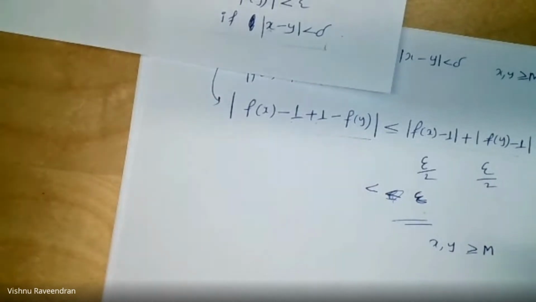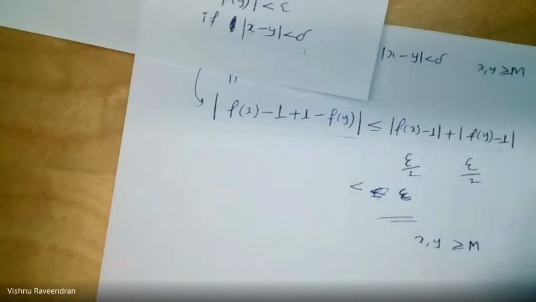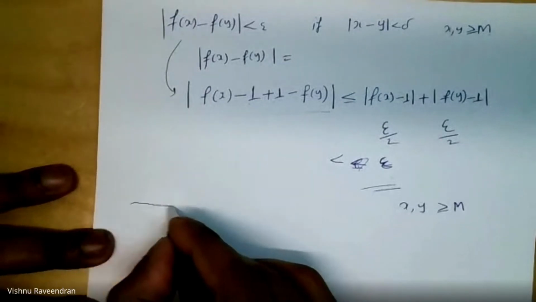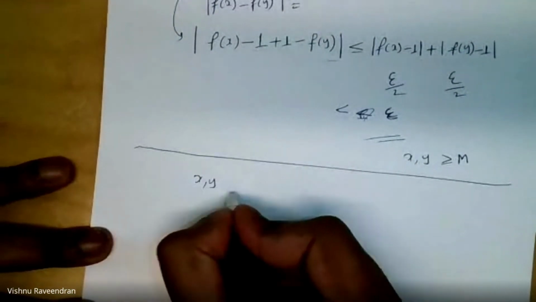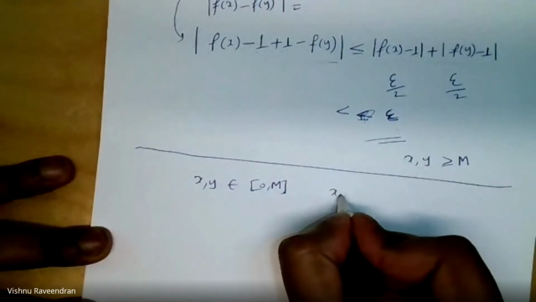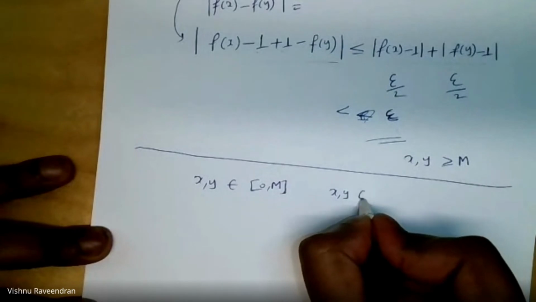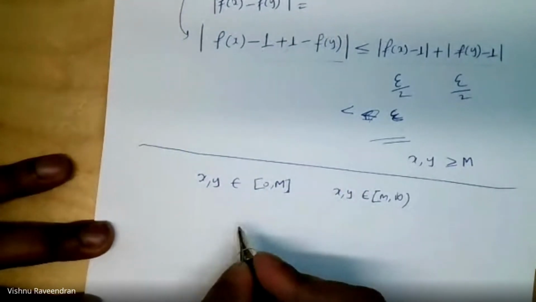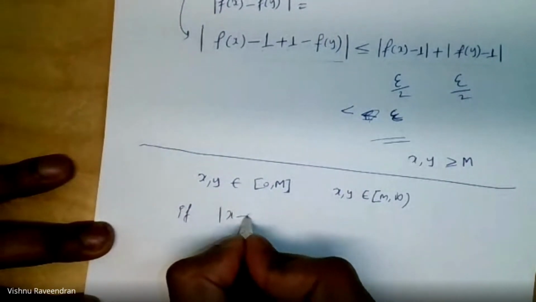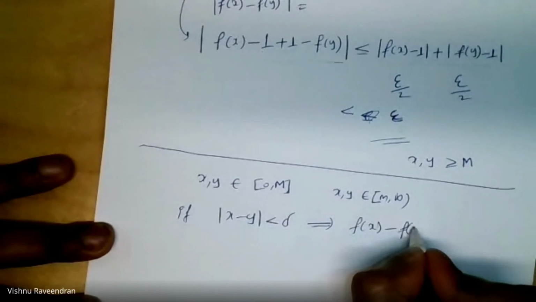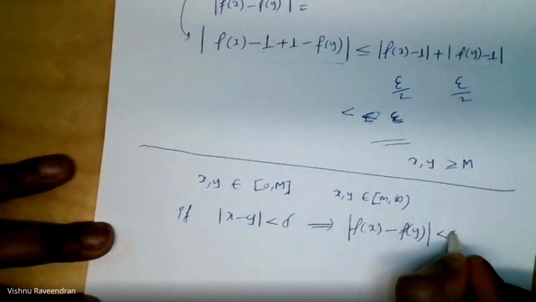Because this is not an easy question, I would say. So then what we have now: if x, y between 0 to m, or if x, y between m to infinity, then x minus y less than delta implies f of x minus f of y less than epsilon.